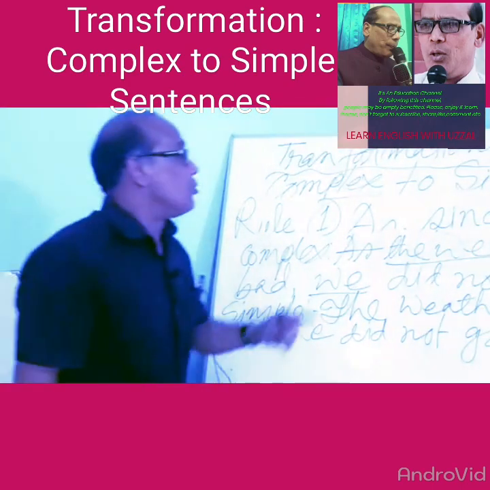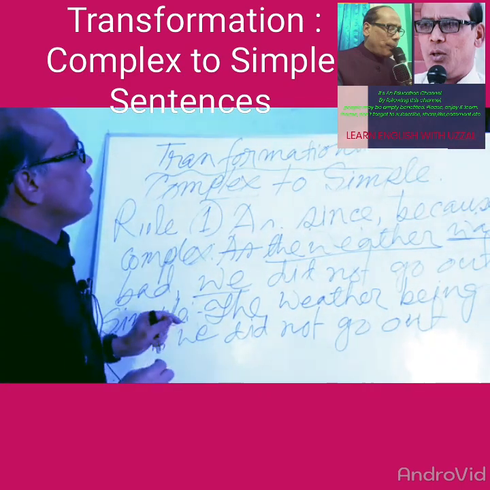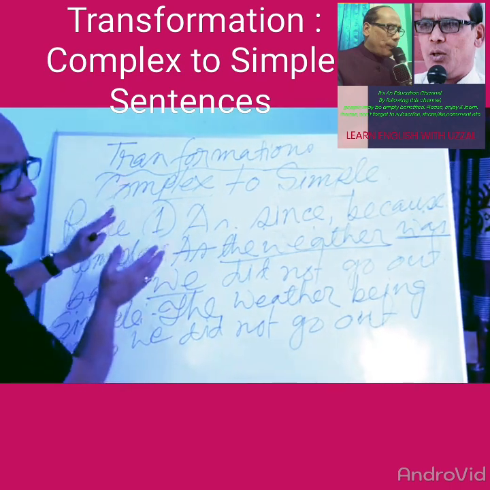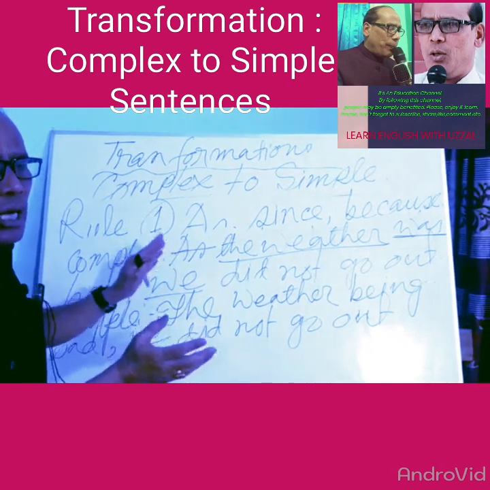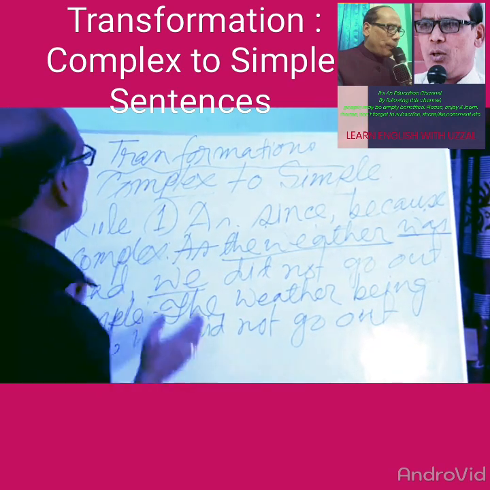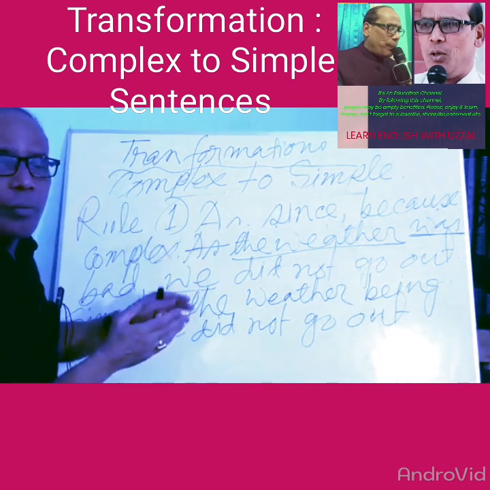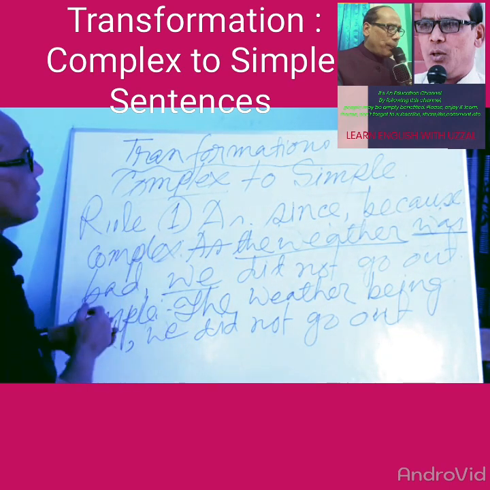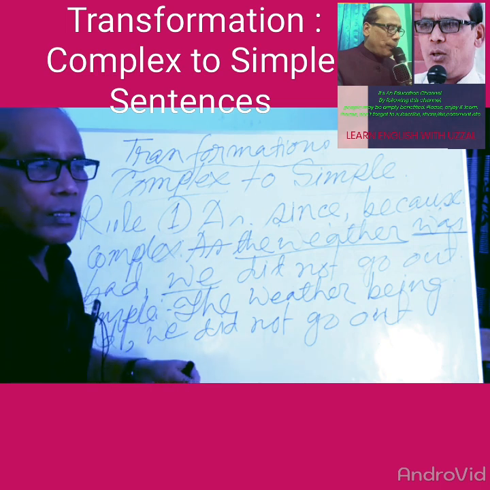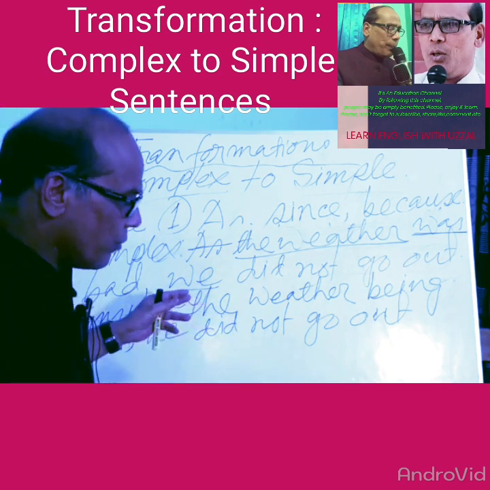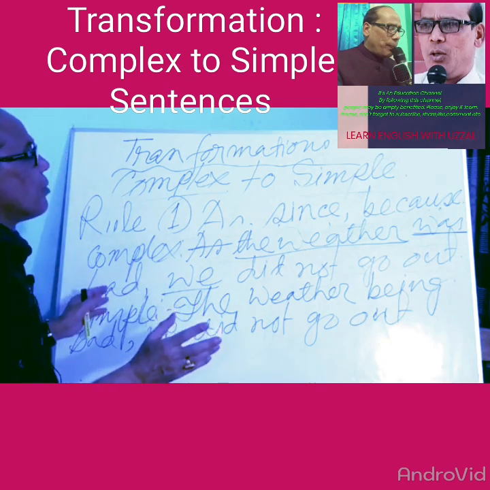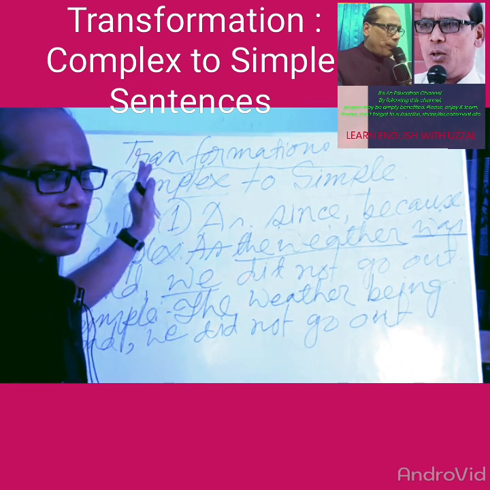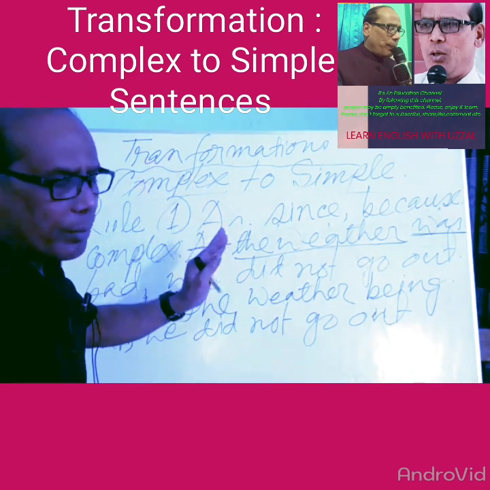Dear learners, you see, rule number one. In rule number one, we see two types of sub rules. Suppose one type of complex has a single subject, and another type of complex has two different subjects. So in the case of the same subject, we will have to omit one subject and one will remain.